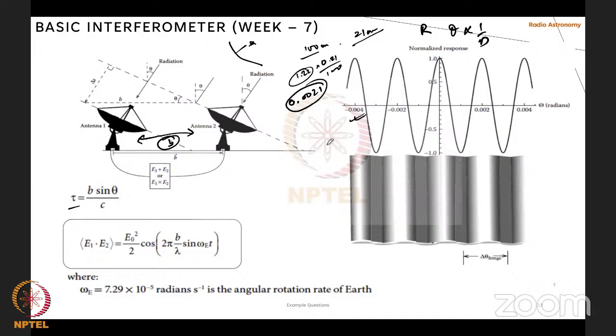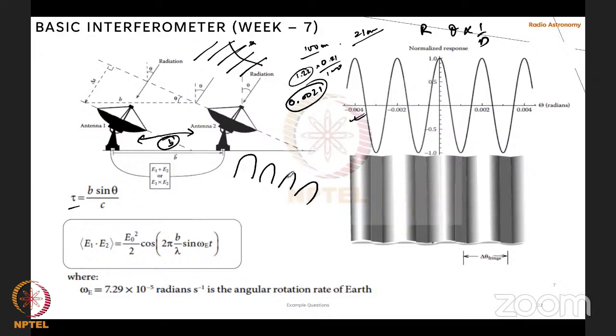So if you have a single source in the sky, it will create a sinusoidal pattern, or you can sample the sky in a sinusoidal pattern. So instead of having a single beam, you have multiple beams here. So you can sample the sky like this.